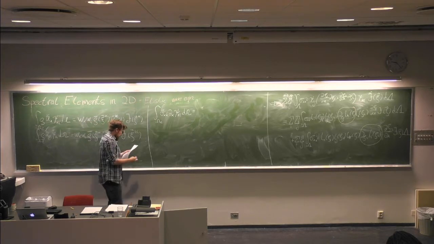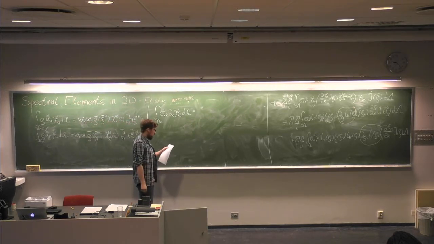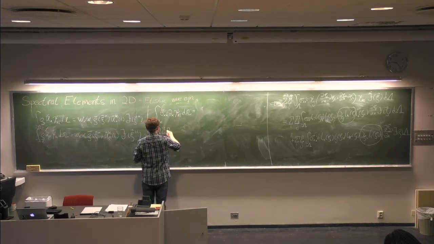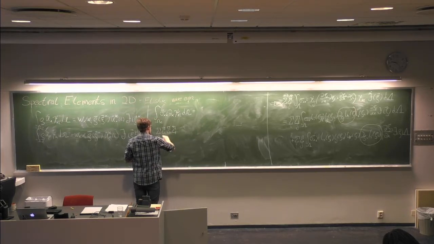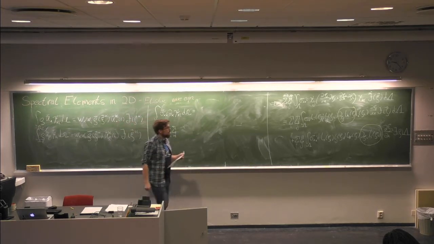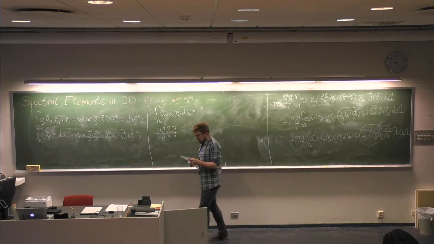Well, we are here right now, and we have 4 sums: i, j, m, and n. Because now we're also doing the integral, so now we're trying to solve this by GLL quadrature.